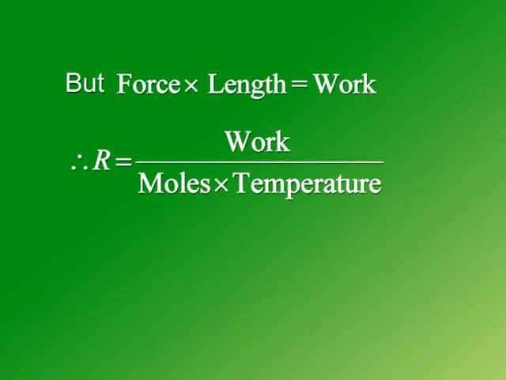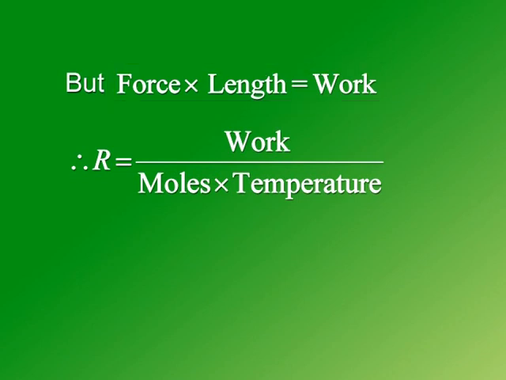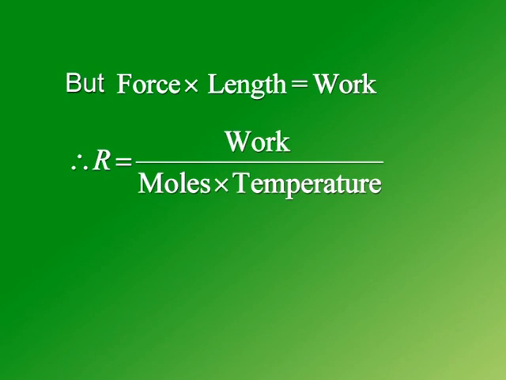But we know that force multiplied by length is equal to work. Therefore, R is equal to work divided by moles multiplied by temperature. Thus, R represents work done per degree per mole of gas. R can be expressed in different units depending upon units of work.